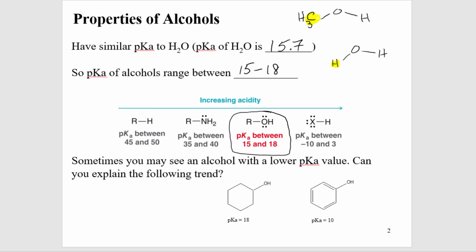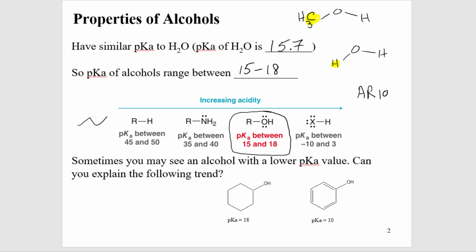Where does this sit relative to other functional groups? Well, if you recall, an alkane, like butane or propane, given that there's really no polarity, the pKa of any hydrogen on those carbons is around 45 to 50. Remember, we have ARIO.